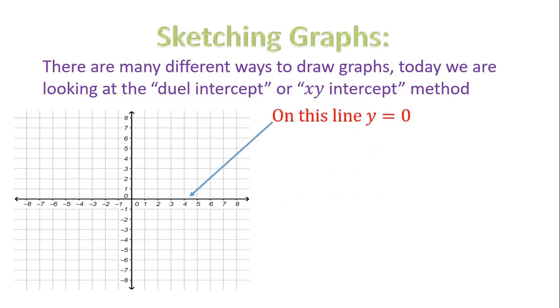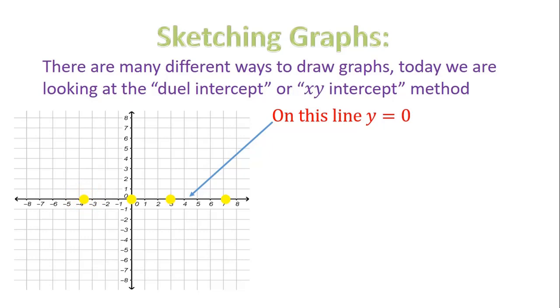On that line, y equals 0. So anywhere on that line, at that first yellow dot, x is 0 and y is 0. On the second one, x is 3, but y is 0. The next one, it looks like it's just past 7, so x is 7.2, say, but y is 0.